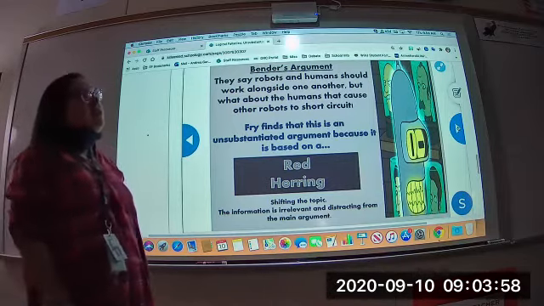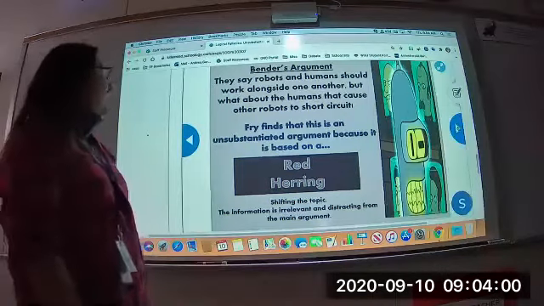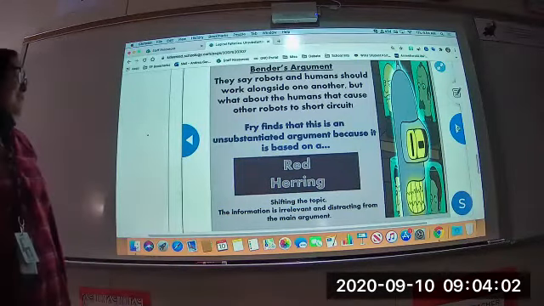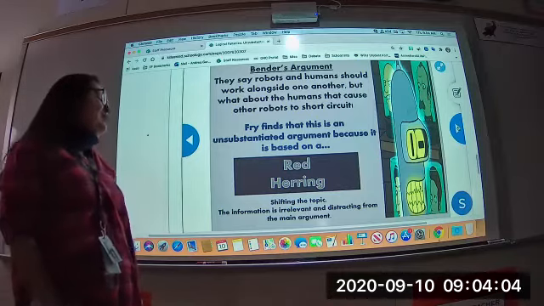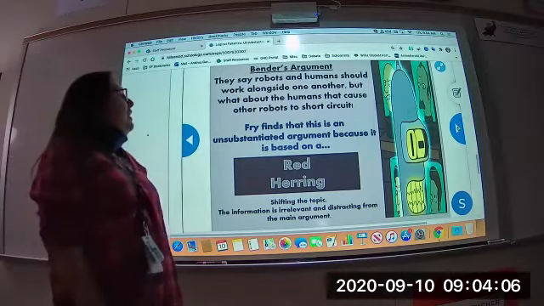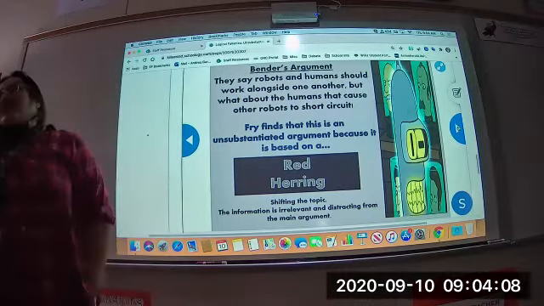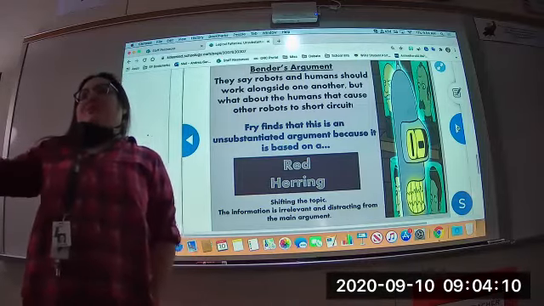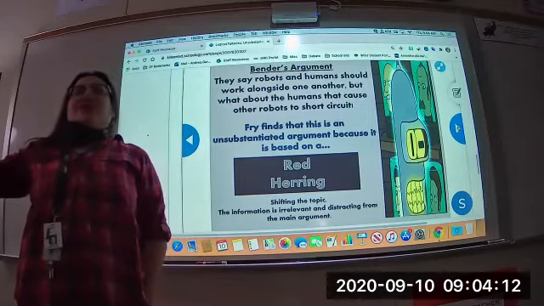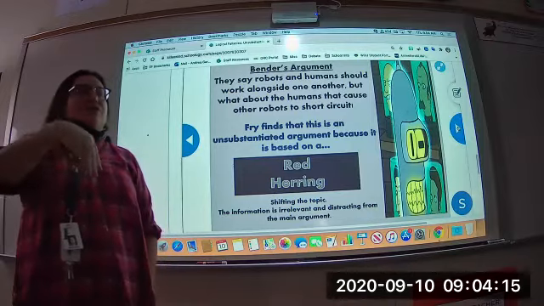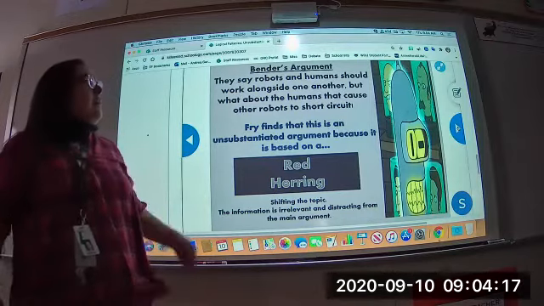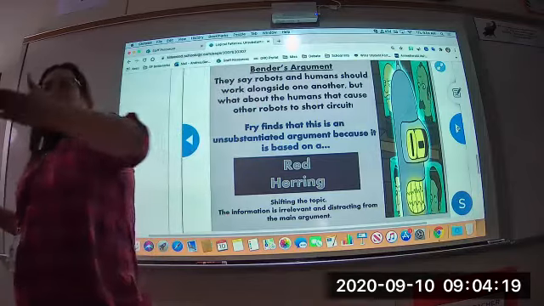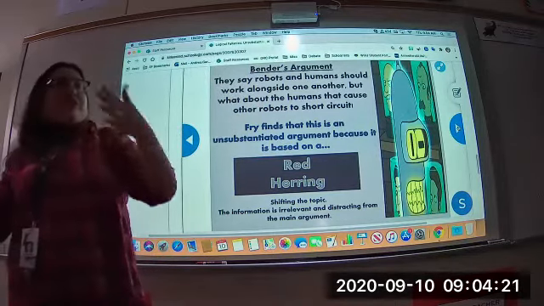No. So this argument smells bad. It's shifting the topic. The information is irrelevant and distracting from the main argument, because he's basically trying to call attention to a small group of people, and it has nothing to do with why we should overthrow them, right? So it's kind of trying to shift your sight away from the main topic.